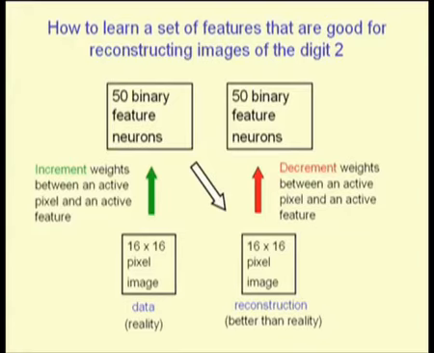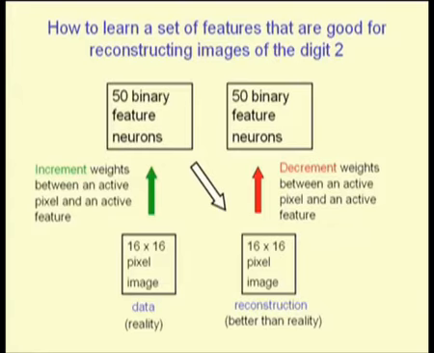We'll then reconstruct the image. We'll activate the feature detectors again. And when we first activate the feature detectors, we increment the weights in proportion to the product of the activity of a feature detector and the activity of a pixel. So that's Hebbian learning. Then we reconstruct, and then we decrement the weights. So that's anti-Hebbian learning.